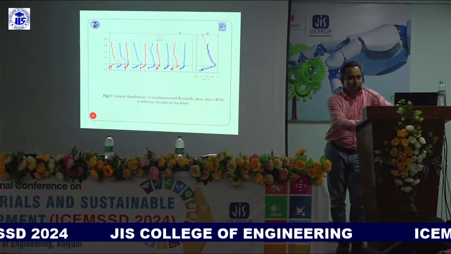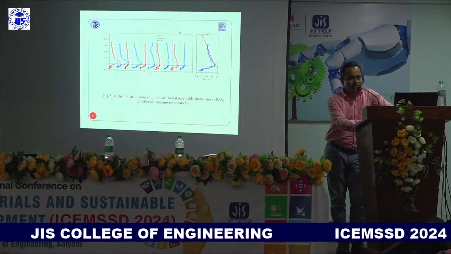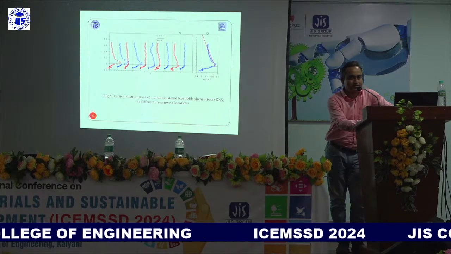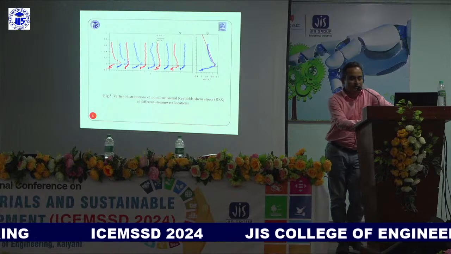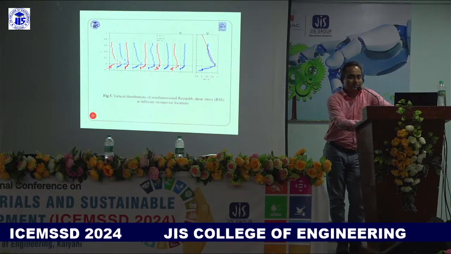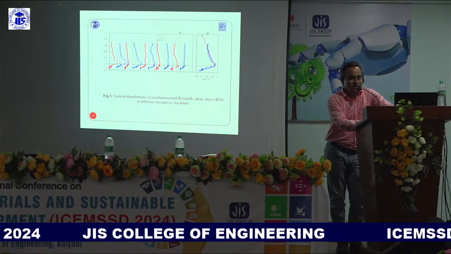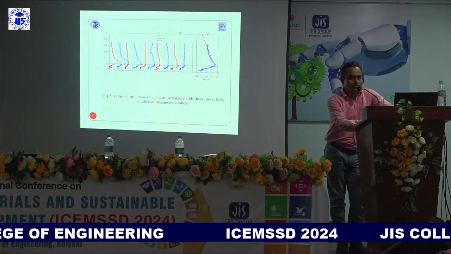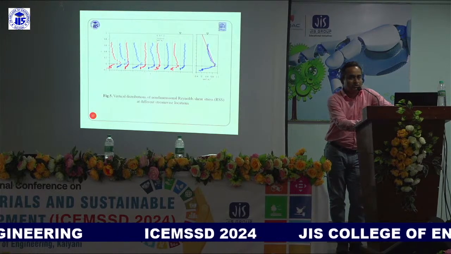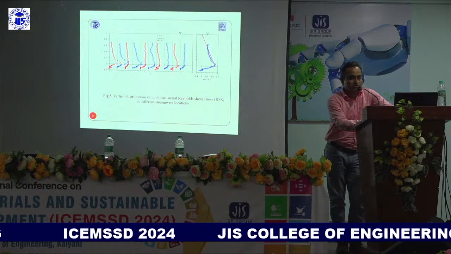So depending on the bed roughness, we can call the river a sand bed river or a gravel bed river. Now, at the topmost surface of the river bed, the value of the Reynolds shear stress will be maximum.